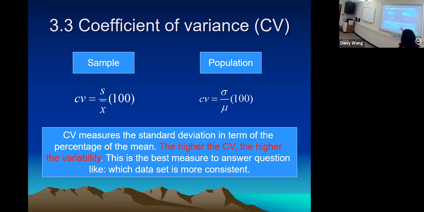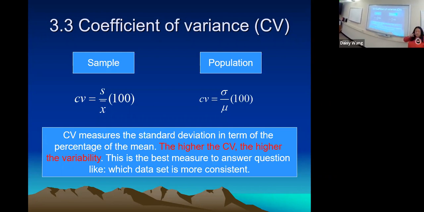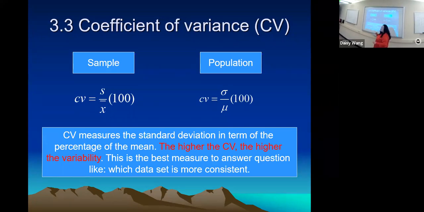So that's why we use the coefficient of variance, because we want to compare the relative size of the standard deviation. So this is the standard deviation divided by the average. For the income, our coefficient of variance is 2 divided by 1,000 times 100%. That's 0.2%.